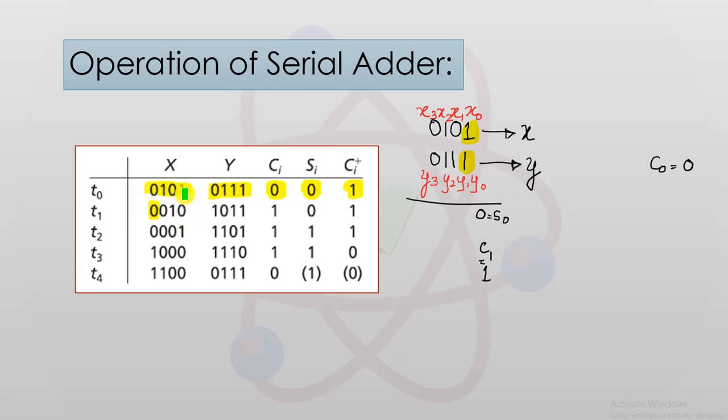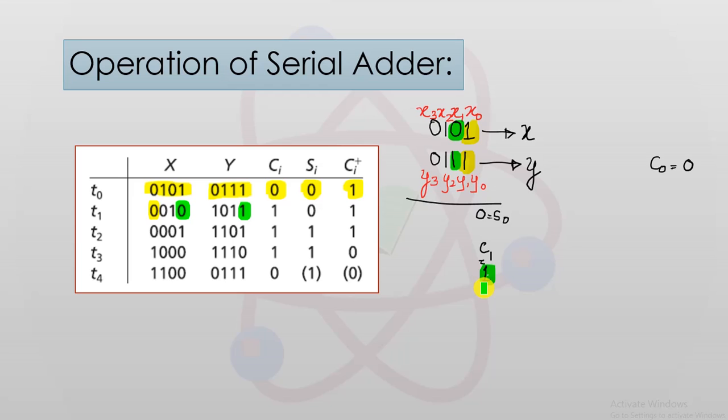So now I will be adding 0 and 1 of the two registers. You can see x1 is 0, y1 is 1 and our carry C1 was equal to 1.